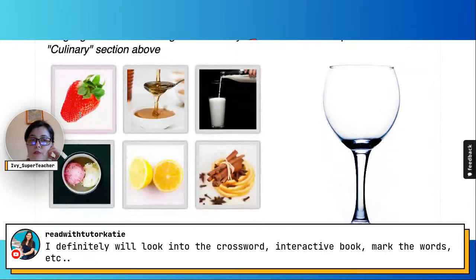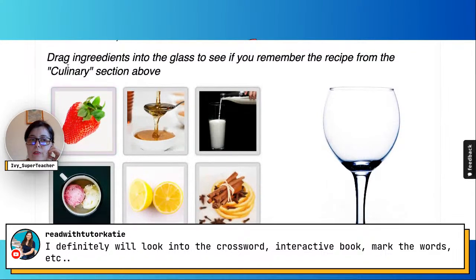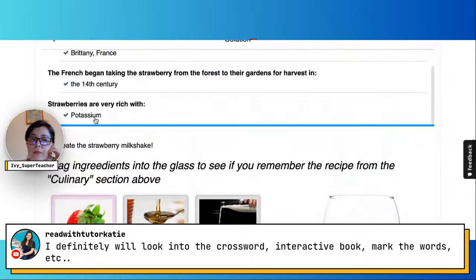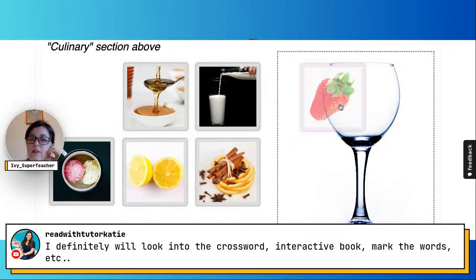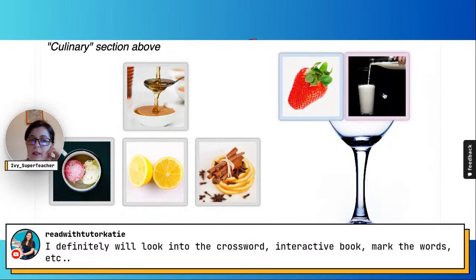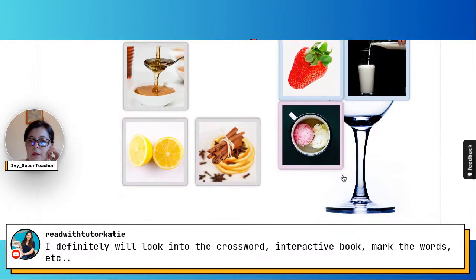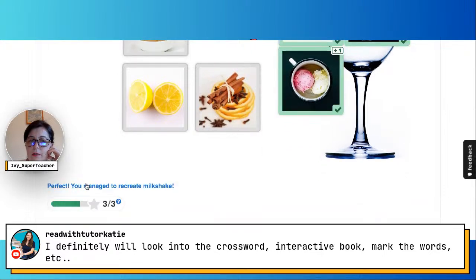This one is drag and drop. So it says drag ingredients into the glass to see if you remember the recipe. Oh, there was a video before that we skipped. And so let's see. It should take strawberries, milk, and maybe ice cream. Let's show the score. Yay, we got it. Perfect.